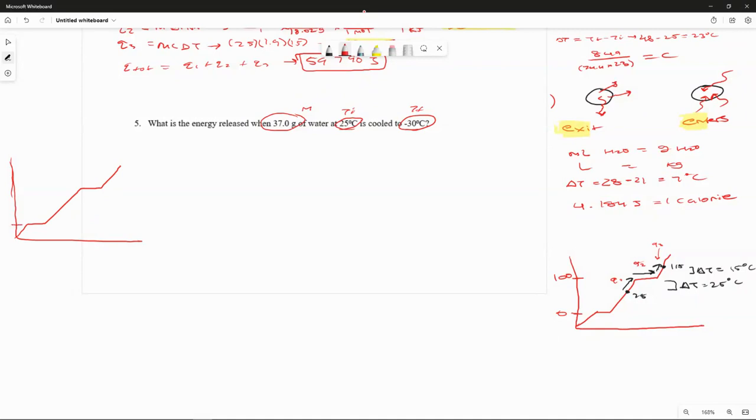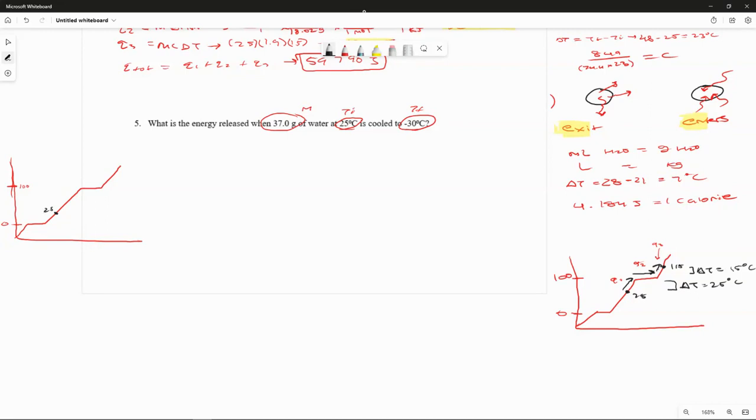And this is 0, as always. This is 100. All right, and we're going to look to see how this travels along the line here. So you're starting at 25 degrees Celsius, which is around here.